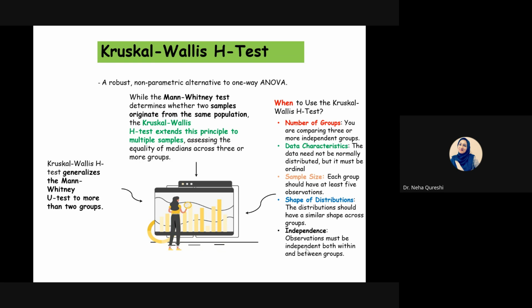So when to use Kruskal-Wallis? When your number of groups is more than 2. When the data characteristics, of course, are not following any normal distribution and the data is ordinal. The sample size of each group should have at least 5 observations. One more important thing is that we need not have equal sample size for all the groups. That is also one of the advantages of this.